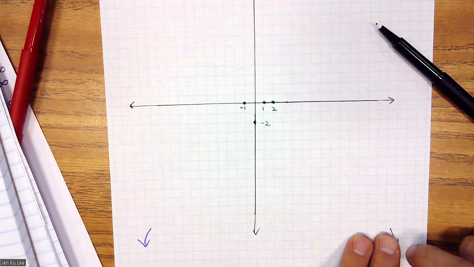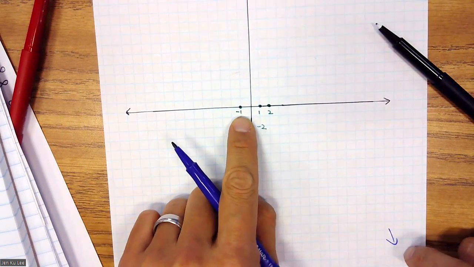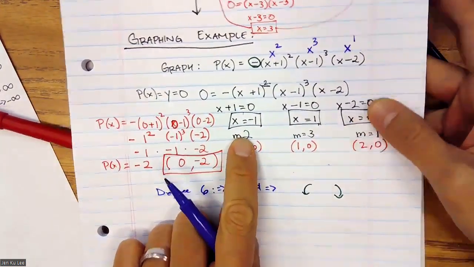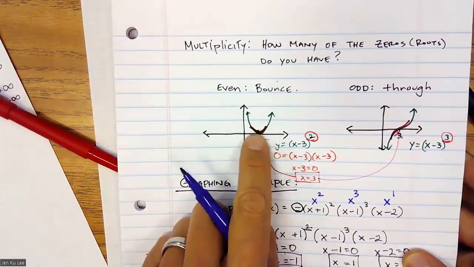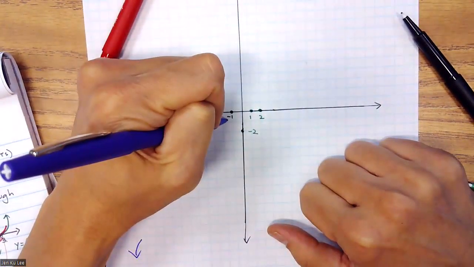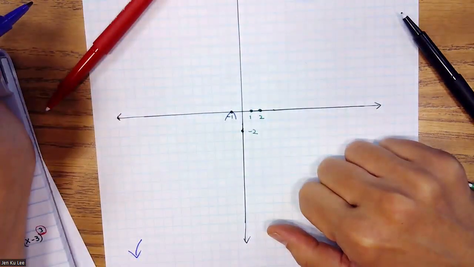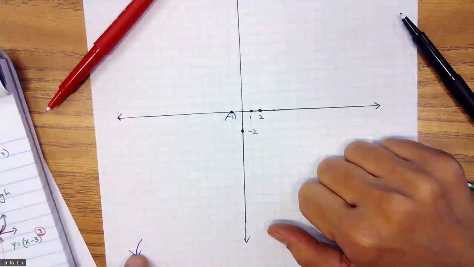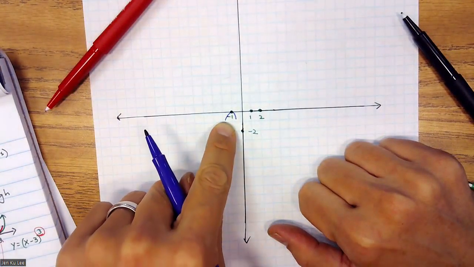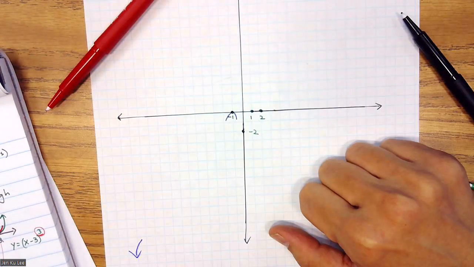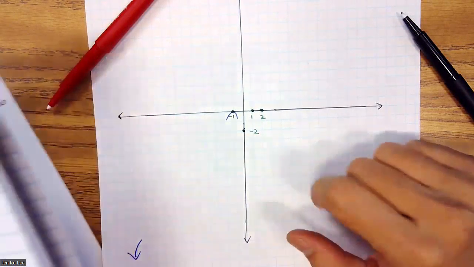Okay. Check, check. Here at -1, remember that my multiplicity is 2, which is even, which is going to bounce. So right here at -1 has a multiplicity of 2. I'm going to draw this guy because I know it's going to bounce, right? So it's going to come up from here, go to -1, and bounce off of it. And then at 1, it's multiplicity of 3.